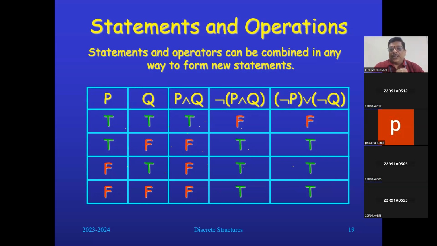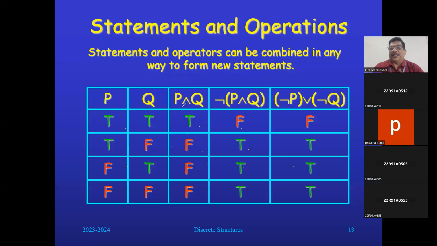So if you take this, what is the symbol? This is the conjunction symbol. In this conjunction, if both are true, the resultant will be true. If any one is false, the resultant will be false.